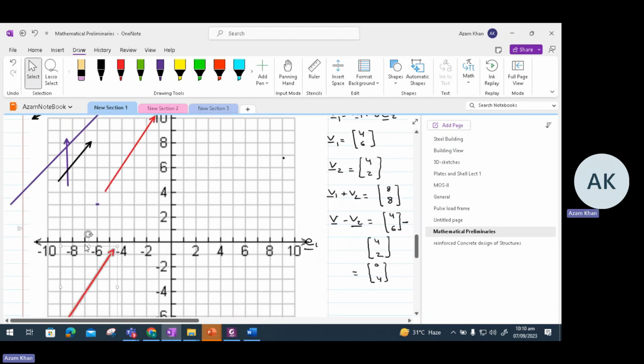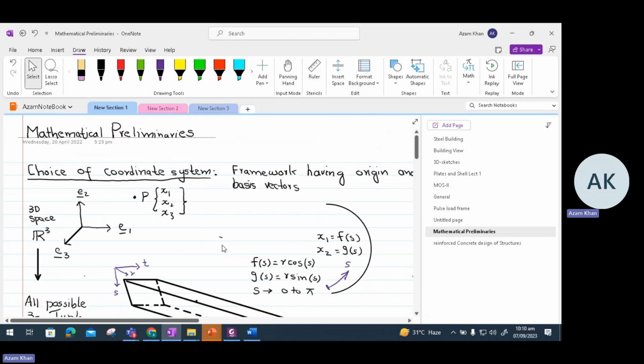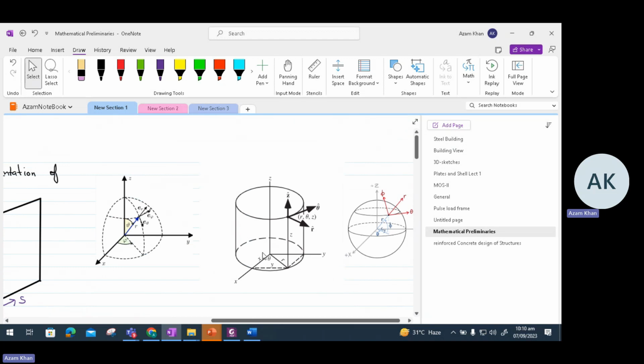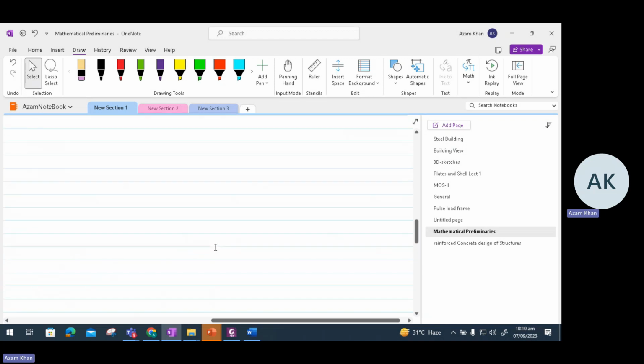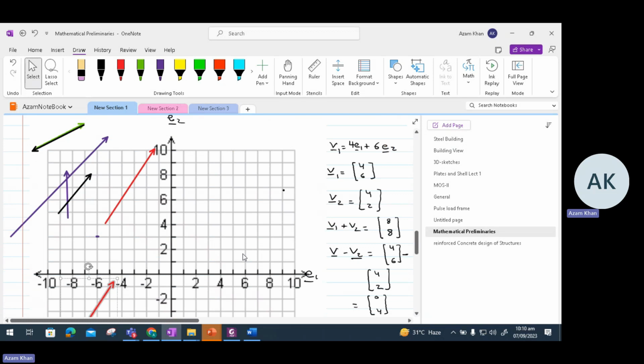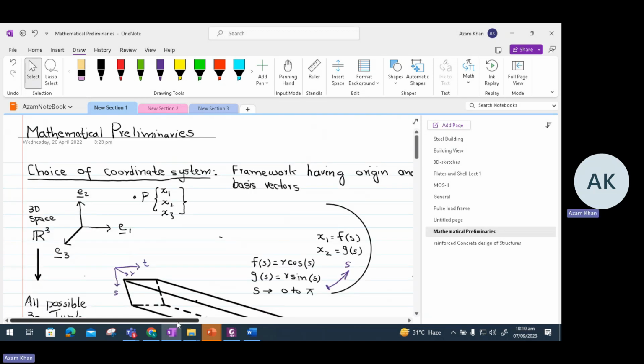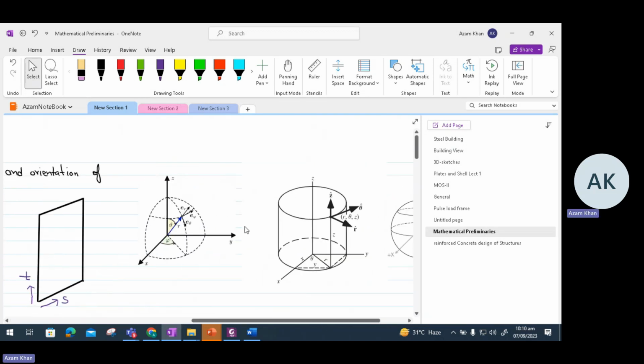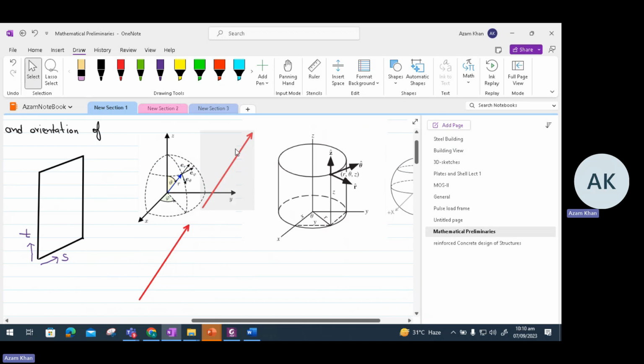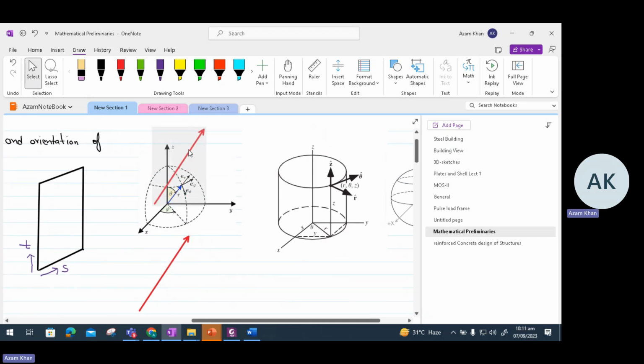That's why we say that even if this space is a polar space or a cylindrical space, whatever space it is, the vector magnitude and direction will stay the same. So imagine if we have a polar space like this one, we can put this vector over here in this space, and the magnitude and direction of this vector will stay the same.